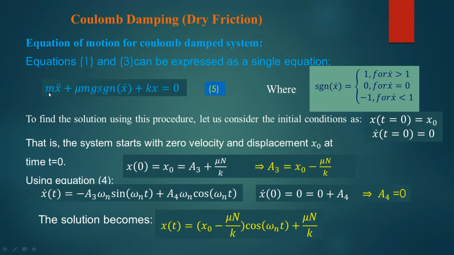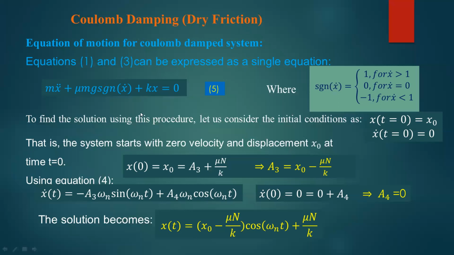So we express the total equation in terms of m x dot dot plus mu mg signum of x dot plus kx. This mg is just the weight, or it is the normal force. You can represent this mg by N, or you can represent this mg by W. So it is m x dot dot plus mu times W signum of x dot plus kx.